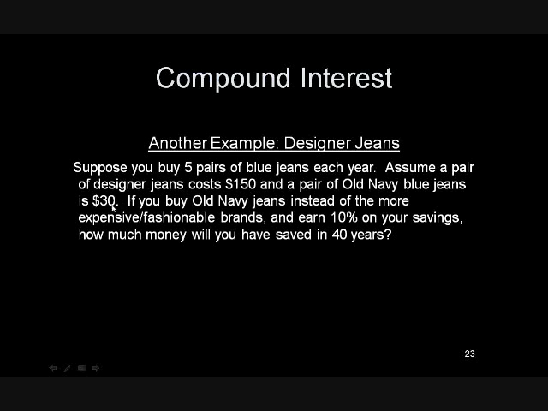You are buying cheaper jeans that are $120 cheaper. So 5 times 120 is, I believe, $600 per year. And yeah, go ahead and give it a shot. Pause the video, and when you're ready, we'll go through it together.